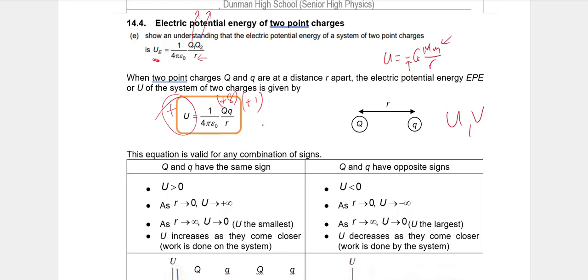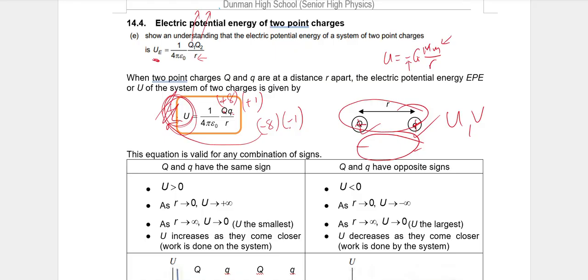If it's minus 8 multiplied by minus 1, both charges are negative, and you can see I still get positive U. So anytime you multiply two positive charges, or two negative charges, U is always positive. In both cases, the potential energy of these two charges is positive. So when is it negative then?